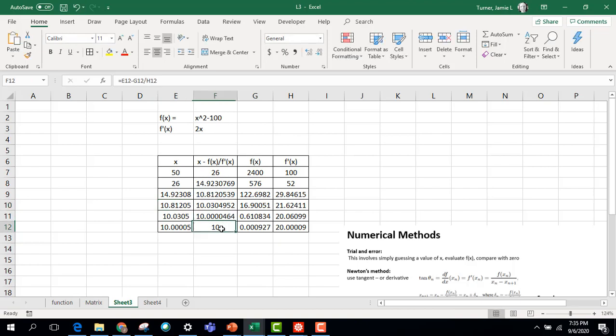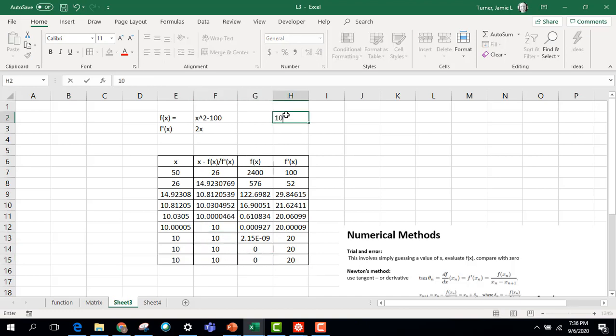We can keep pulling this down, and eventually, the answer to this is 10, right? 10 squared minus 100 equals 0. So if we're trying to figure out where this goes to 0, the answer is x equals 10. This is where it goes to 0, and once it gets there, it's just going to hang out there.